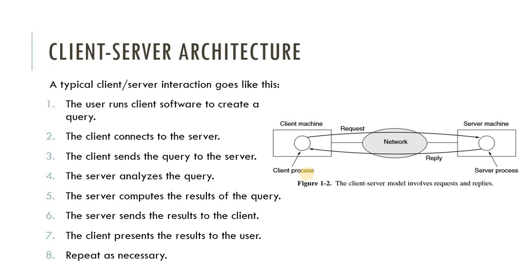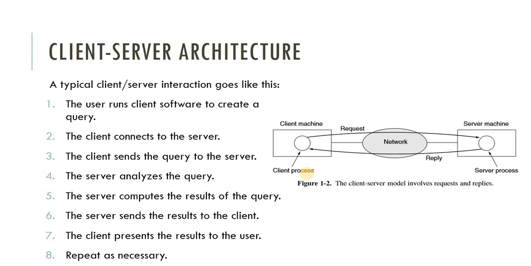So if we look at the client-server model in detail, we see that two processes are involved, one on the client machine and another on the server machine. Communication takes the form of the client process sending a message over the network to the server process. The client process then waits for the reply message.